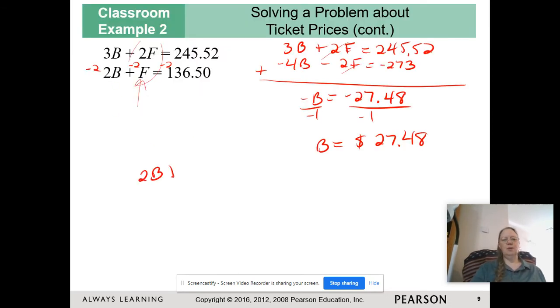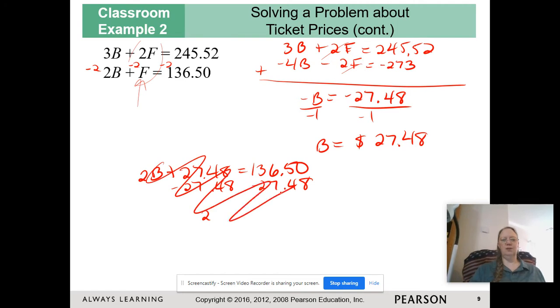So 2B plus F is 136.50, with 27.48. Subtract my 27.48. And I did that completely wrong. I think my brain's going dead. All right, try that one more time. Sorry about that.